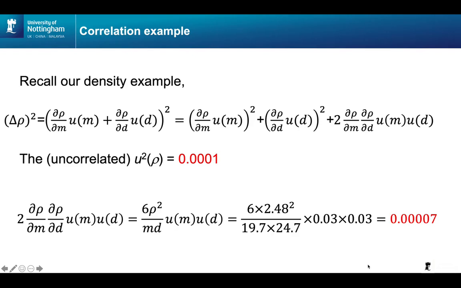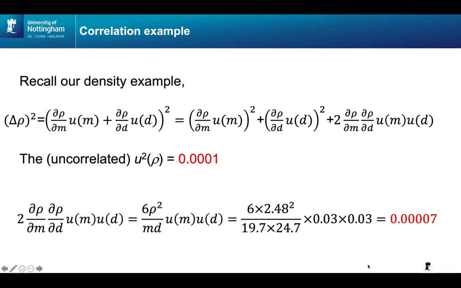That's squared, remember; we take the square root to give you the uncertainty. And that cross term, plugging in all the values, is 0.00007, which is maybe not insignificantly smaller than the 0.0001 value there. So we would need to consider that.